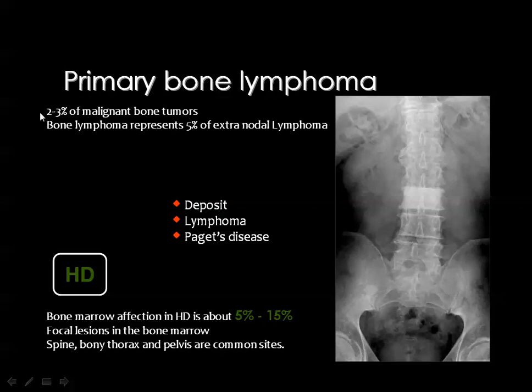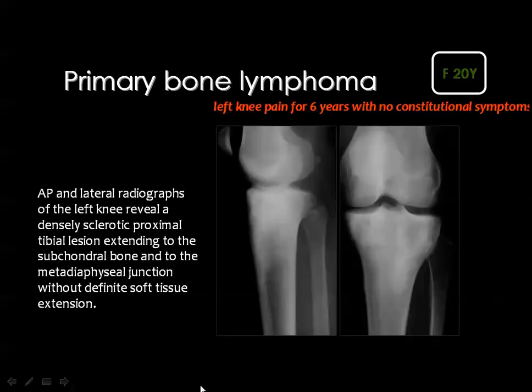Then lymphoma represents about 2 to 3% of malignant bone tumors, and about 5% of extranodal lymphoma. One of the pathognomonic features of lymphoma is bone sclerosis.